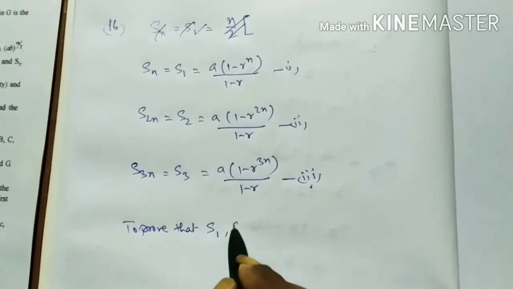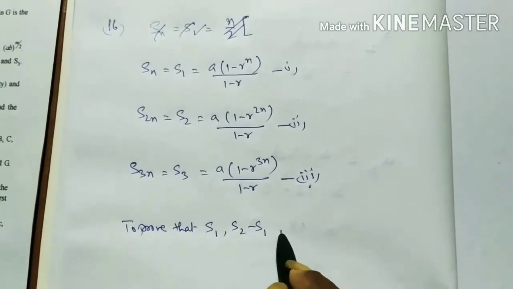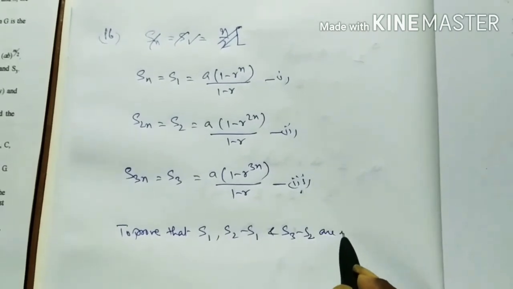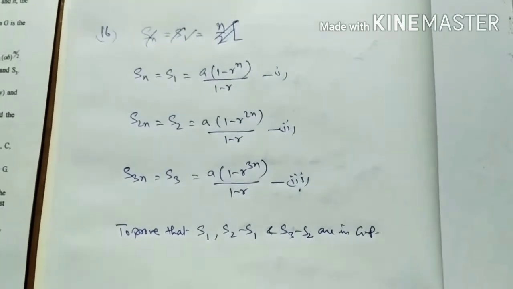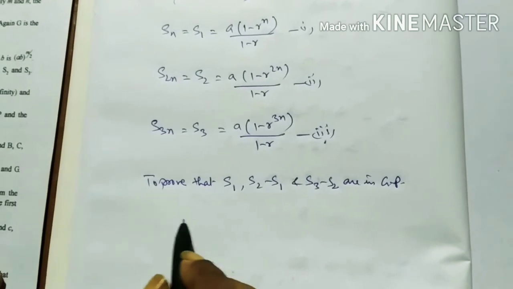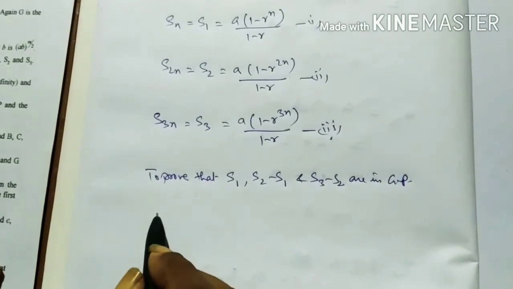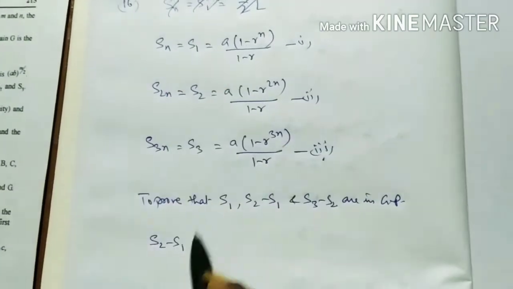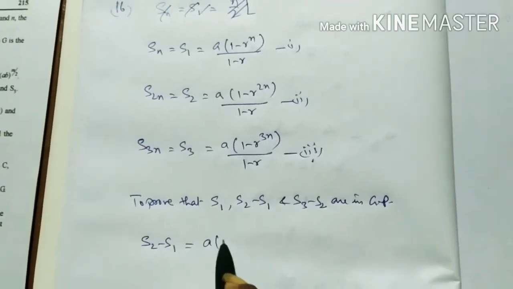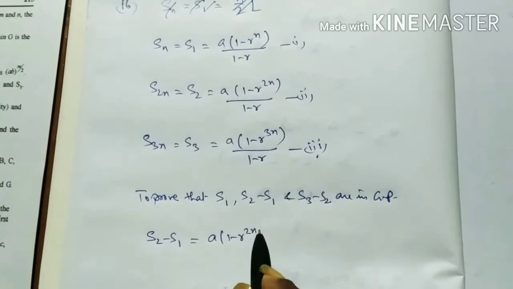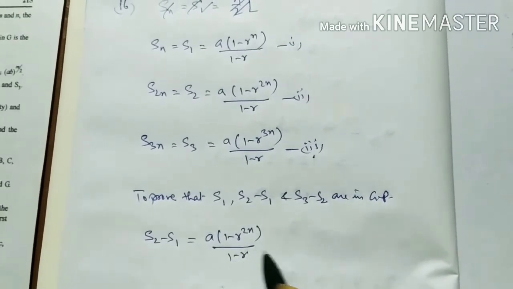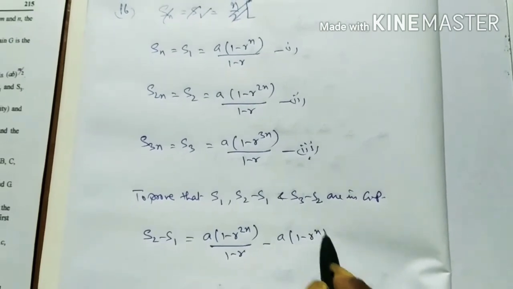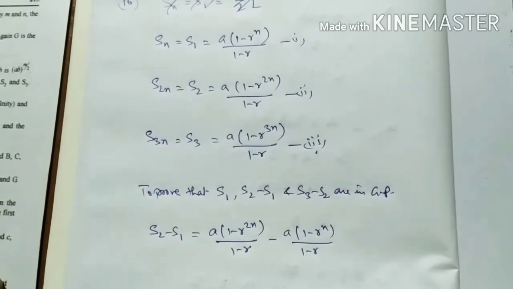Now here we have to prove that S1, S2 minus S1 and S3 minus S2 are in GP. So first of all, S2 minus S1 is A(1 minus r to the power of 2n) by 1 minus r, minus A(1 minus r to the power of n) by 1 minus r.